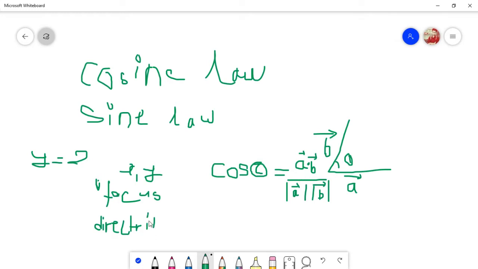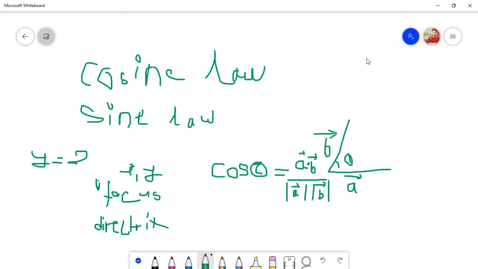This is the parabola: the path of a point x, y which lies at equal distance from this and this. So the path of this point actually lies in between the focus and the directrix.